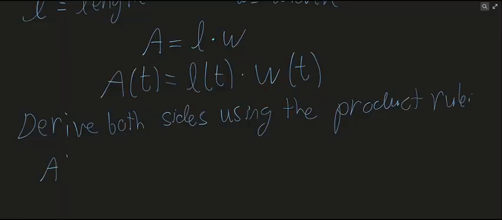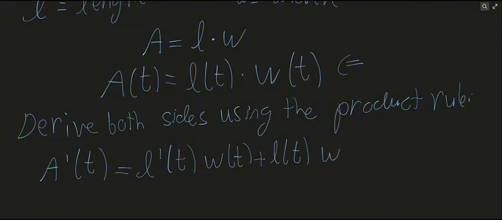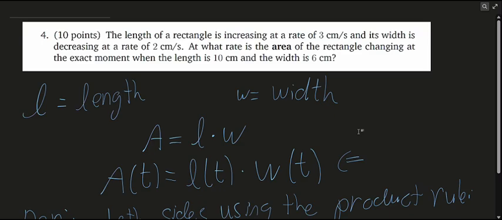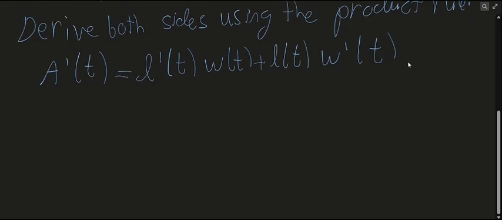So A prime of t is going to be equal to deriving both sides and plugging into the product rule: L prime of t times W of t plus L of t times W prime of t. The thing that we want in this problem is the rate of the area.